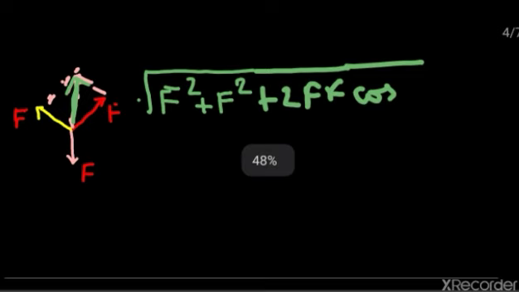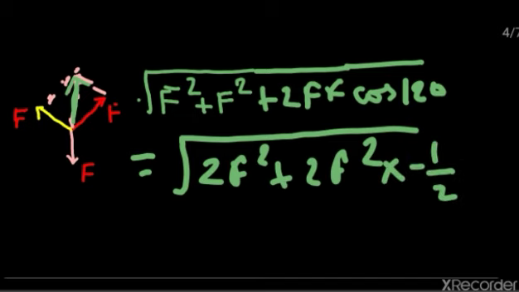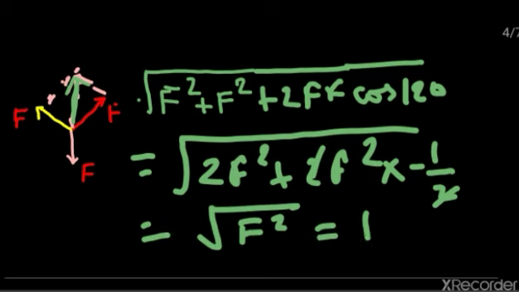What is the angle between the yellow and the red vector? Yes, it is 120 degrees, so write 120 here. Simplifying, we get 2F square plus 2F square times cos 120, and cos 120 is minus 1 by 2. So the 2 gets cancelled, and finally we get F square inside the root, which equals F. So this green vector is of magnitude F.